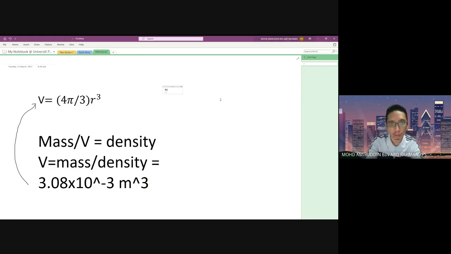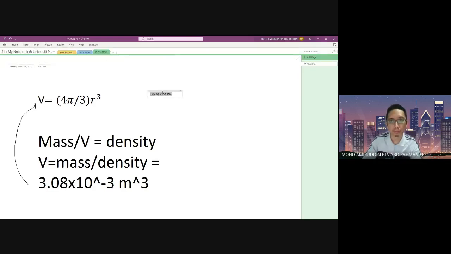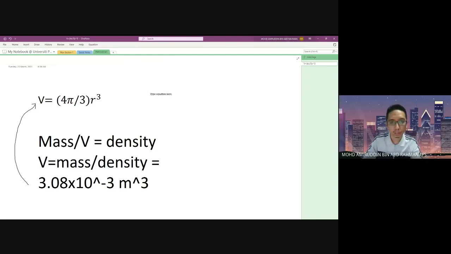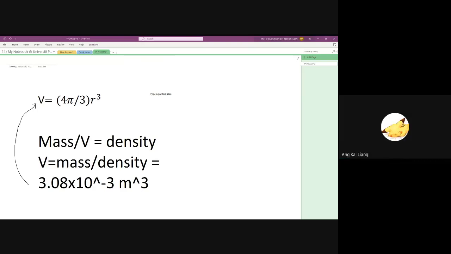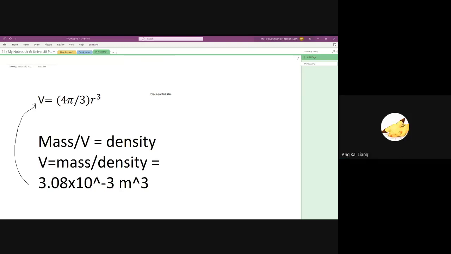So R cubed. I need to insert the equation here. You mean R cubed? I mean the radius.